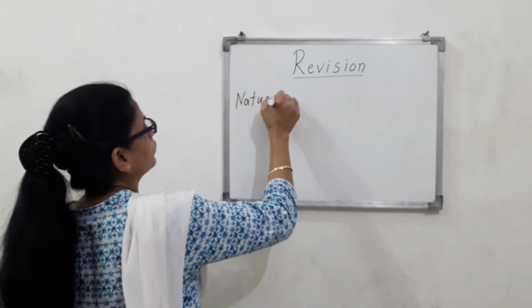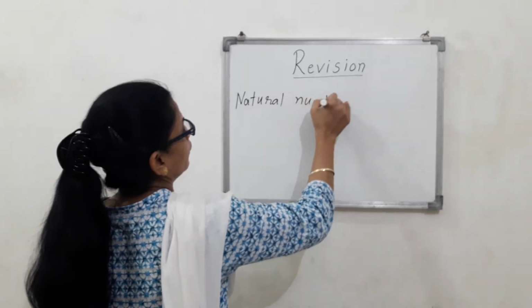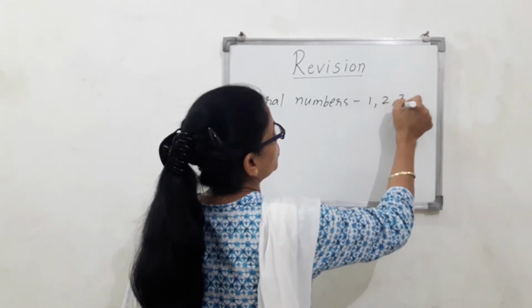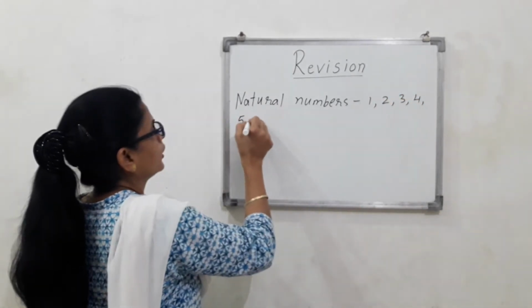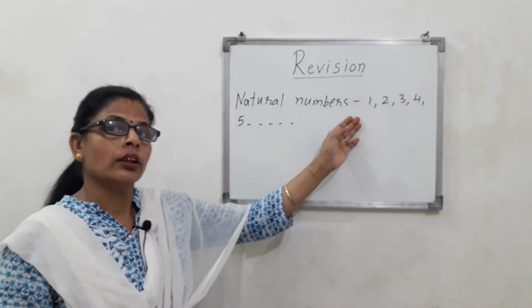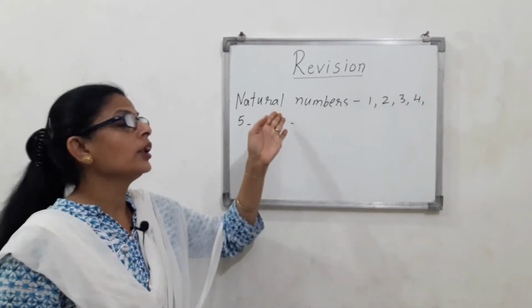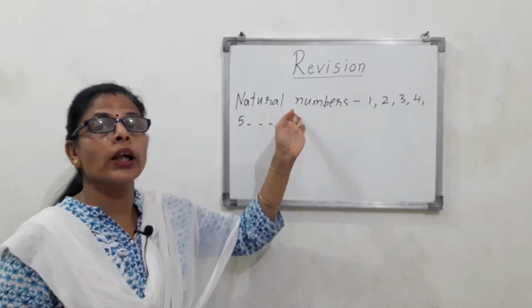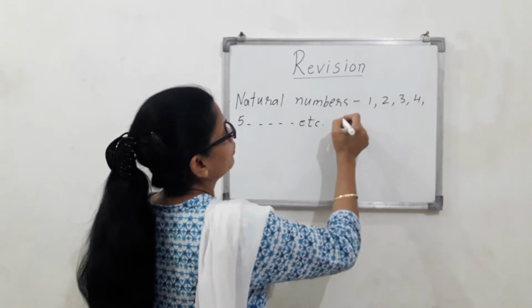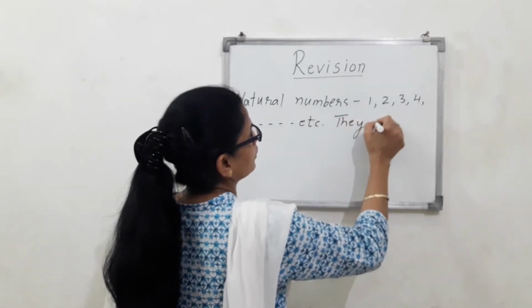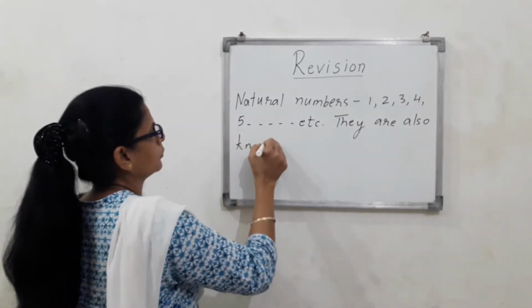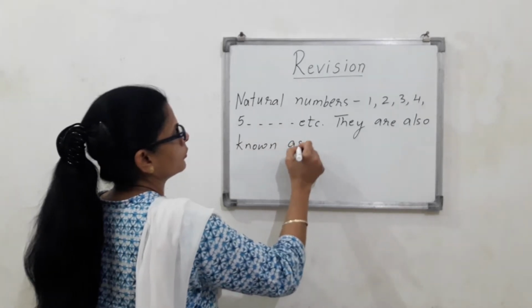Natural numbers are also known as counting numbers: 1, 2, 3, 4, 5, 6, 7 and so on.